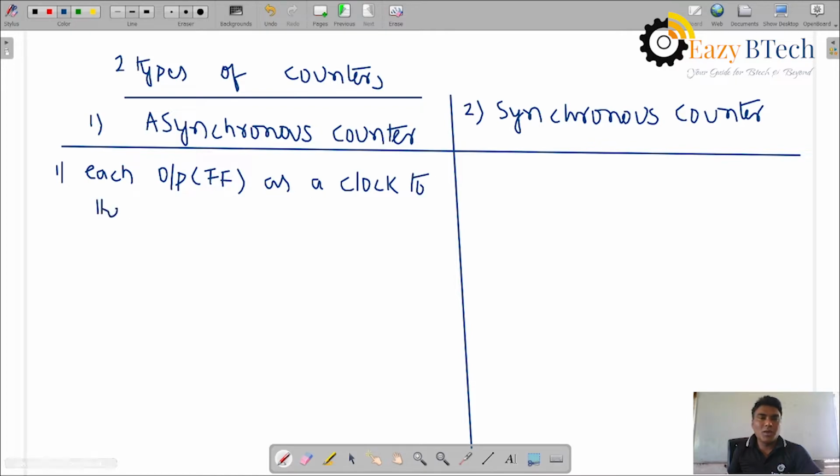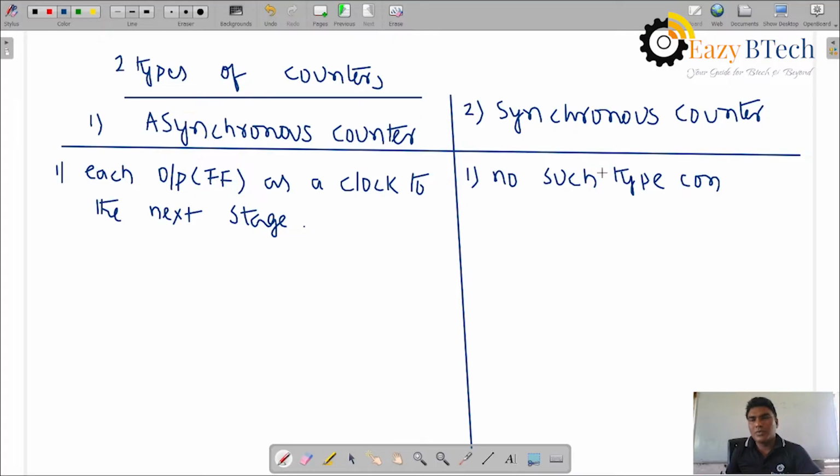And here, in the synchronous counter, there is no such type of connection. The output is not a clock to the next flip flop.